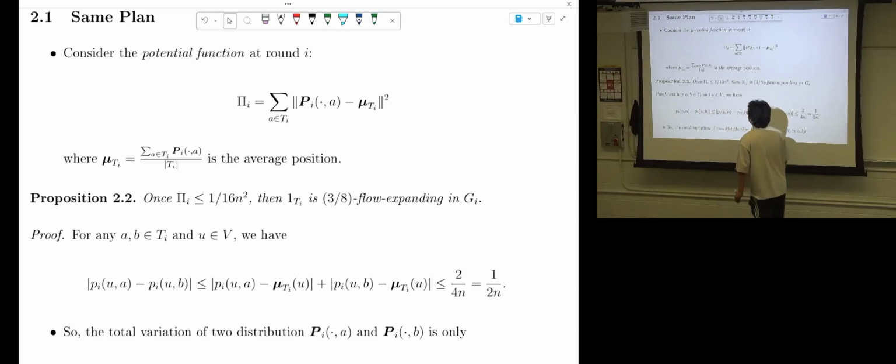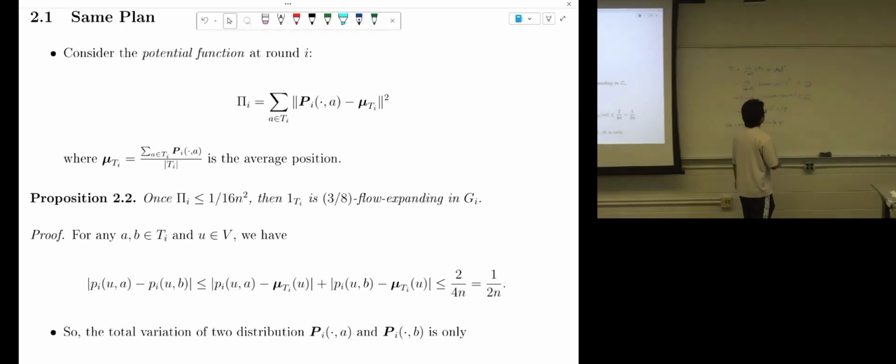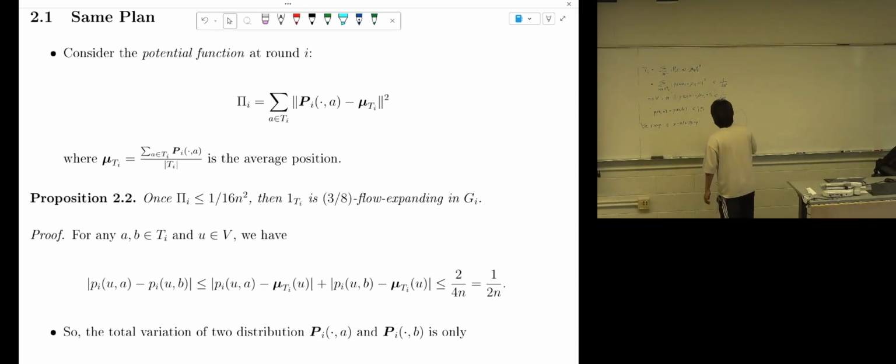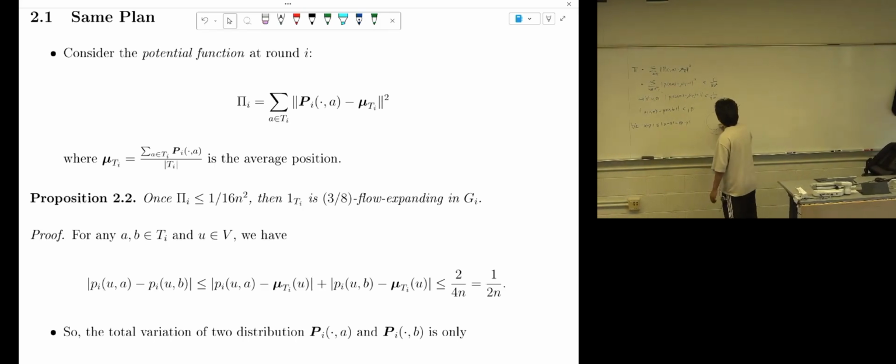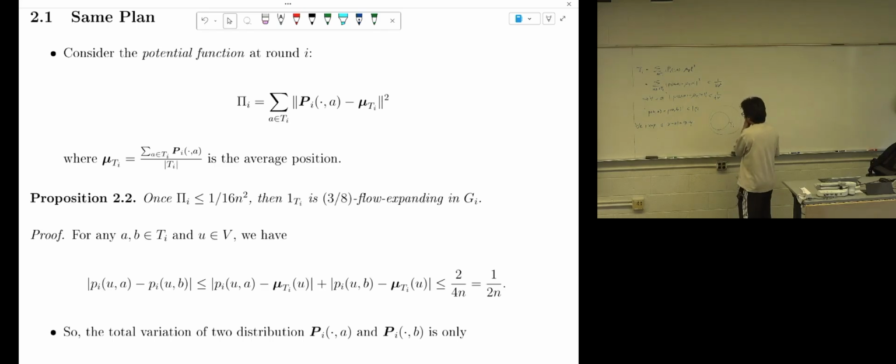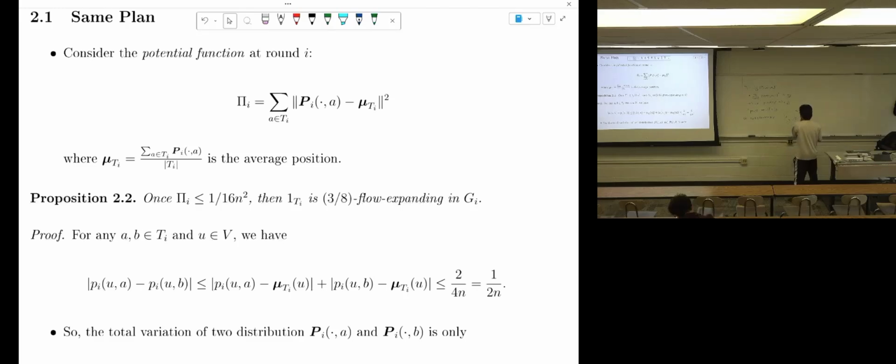In picture, if this is the whole graph and this is the active set, then the probability that from U you reach A and from U you reach B are basically the same.